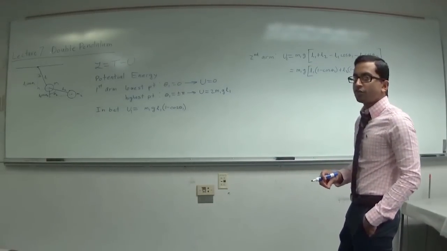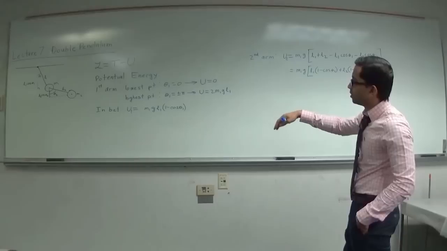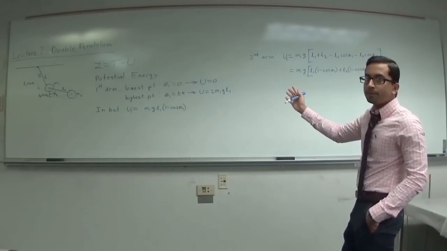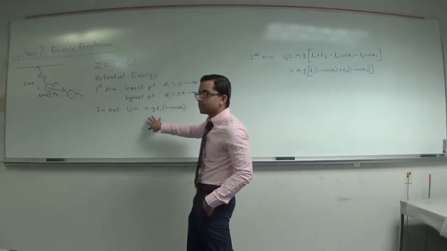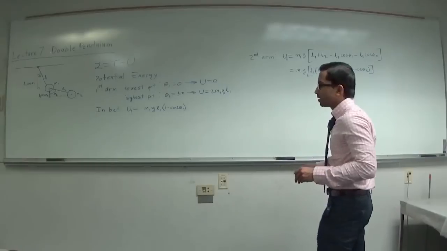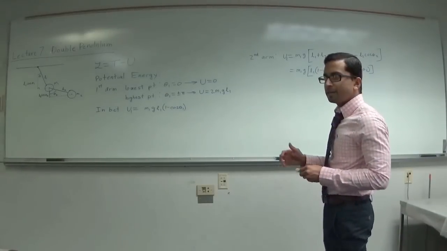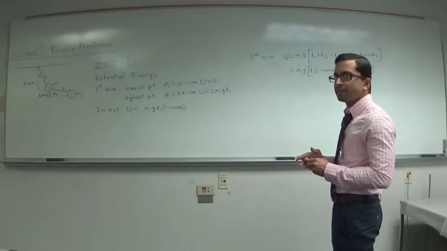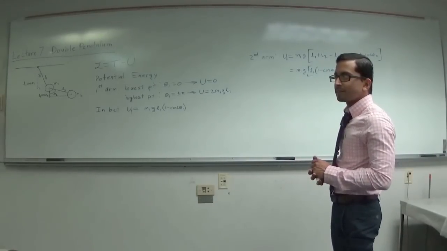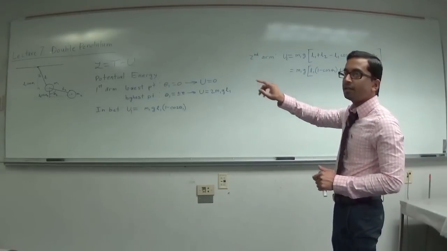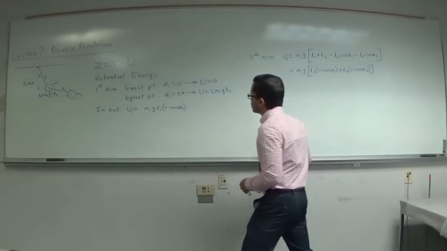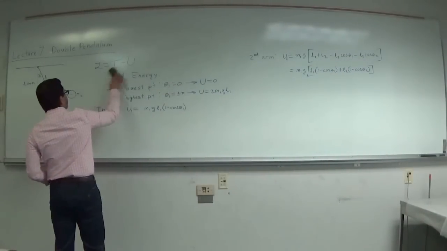And then the total potential is just U2 plus U1, right? So we have this for our potential energies. Any questions about getting the potential energy? The potential energy is the easy part, since it's just determined by the height. The kinetic energy is going to be difficult though.